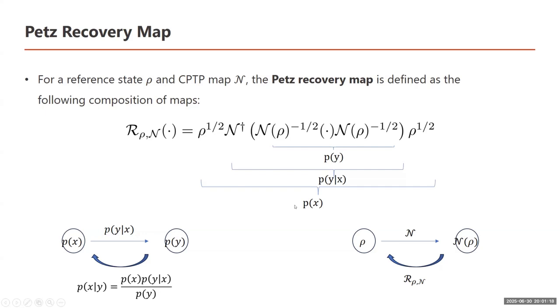So similar to the classical probability distribution, the Petz map can be thought of as reconstructing the rho from the N rho, the noisy state, using the structural information about the channel. In this way, the Petz map can be seen as a quantum analog of Bayes' theorem.